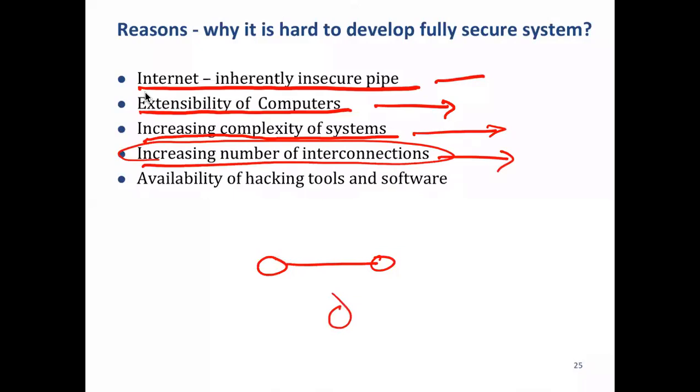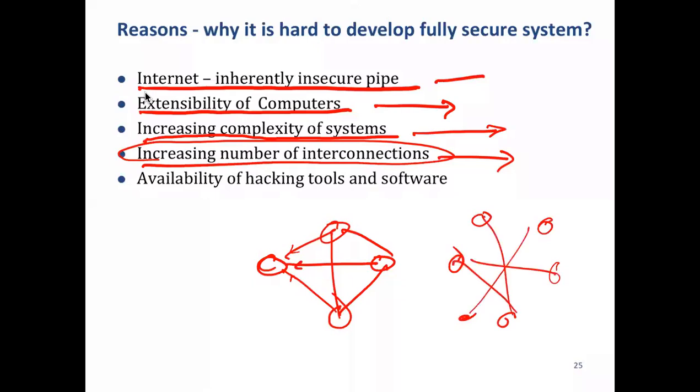If there are more interactions or interconnections, then this node can get messages or interaction with a third one, something like this, and their interactions keep on increasing. The number of ways you can connect goes up, and then the power of the system goes up. That's the power of the internet.